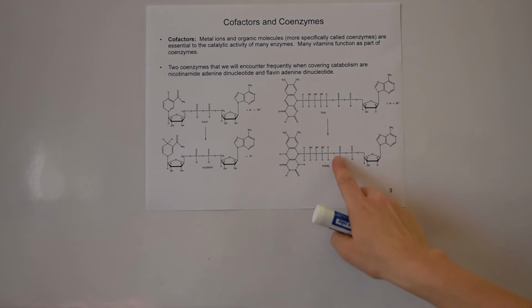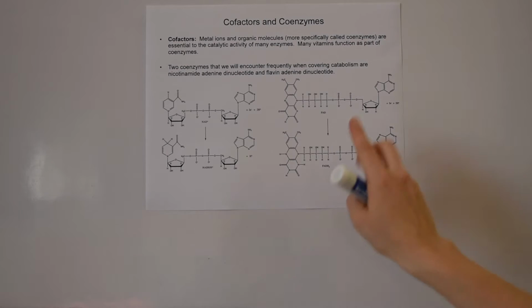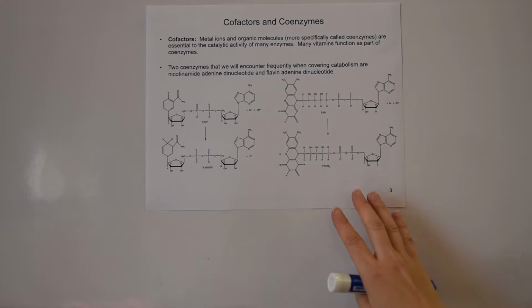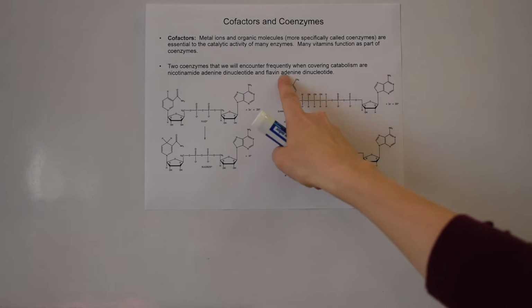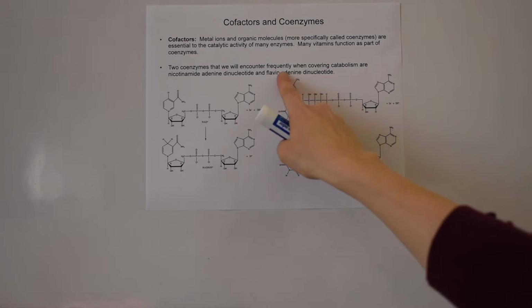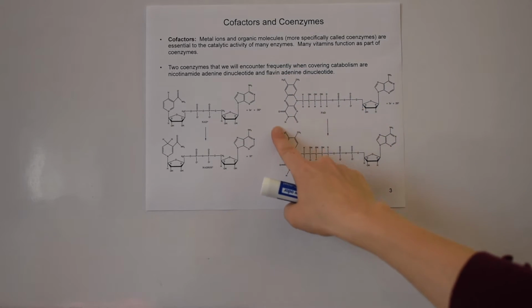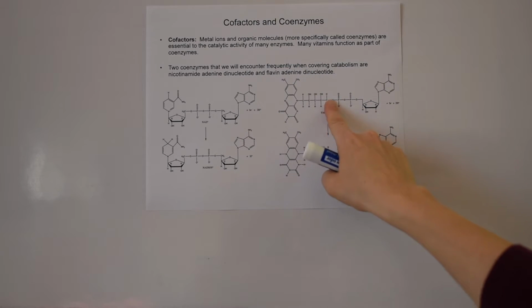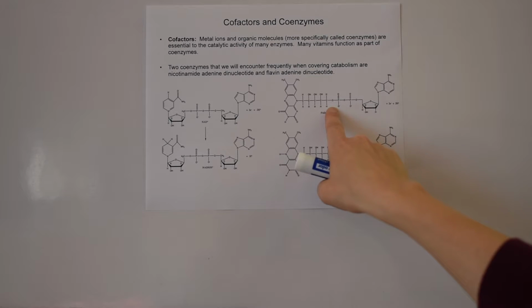Same thing, real quick over here with FAD. We've got the oxidized and the reduced form drawn out fully. And I want to point out real quick that vitamin B2, better known as riboflavin, is a component of this coenzyme. So this part I'm kind of circling here with my finger is vitamin B2.